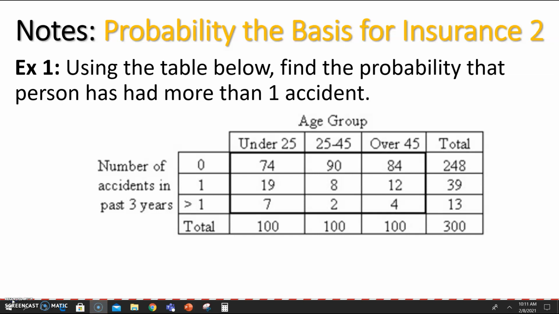So we're going to be choosing essentially our notation here. They don't have letters for greater than one accident, so just for the sake of this, let's use the greater than one. So what is the probability that we have greater than one accident?